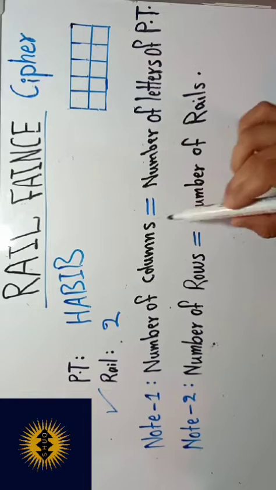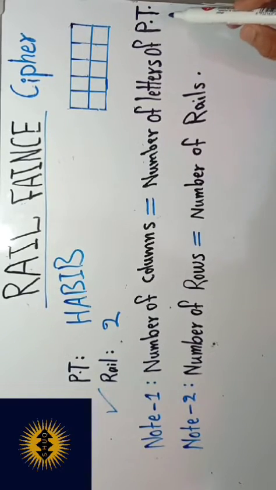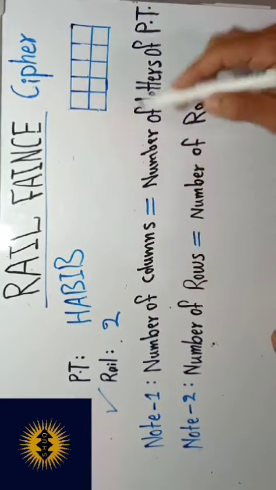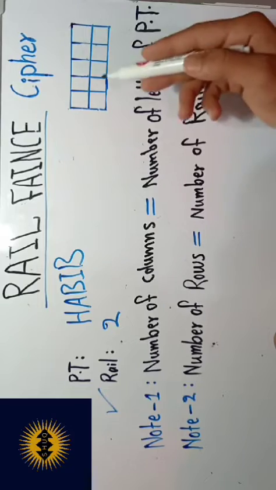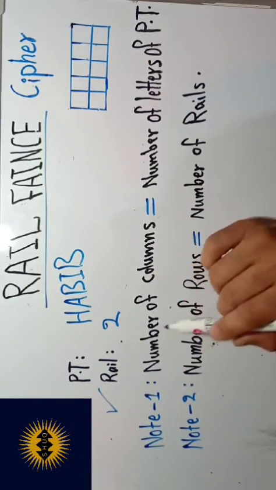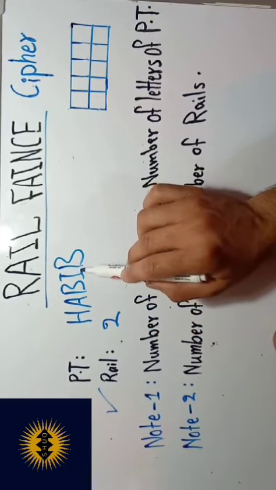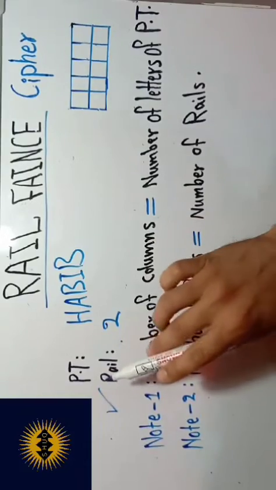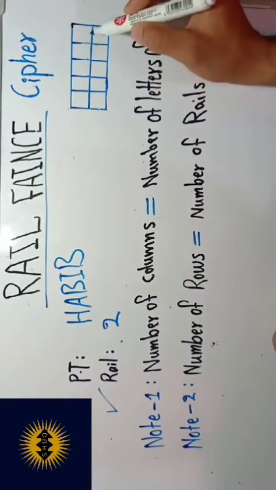The number of columns should be equal to the number of letters of the plaintext. As we see, there are 5 letters of our plaintext, so the number of columns also should be 5.